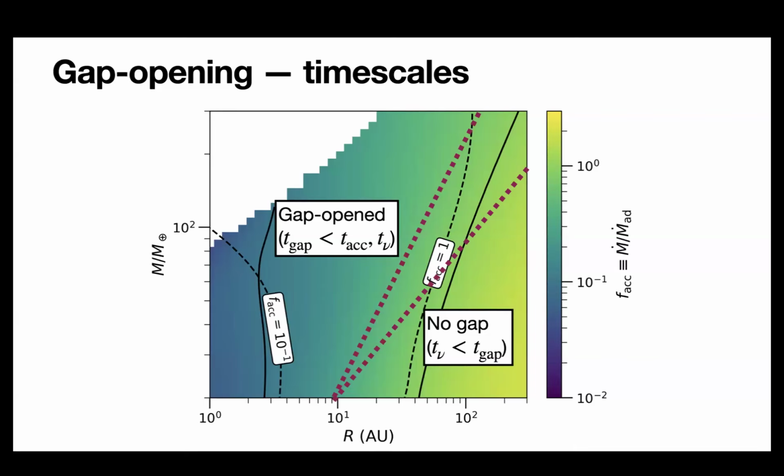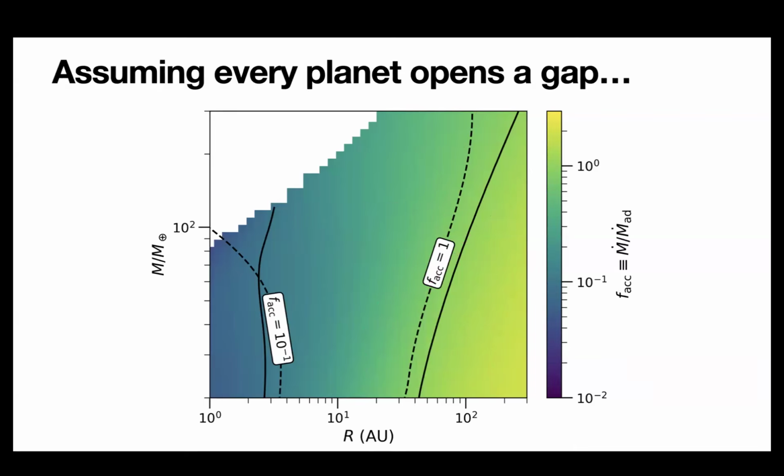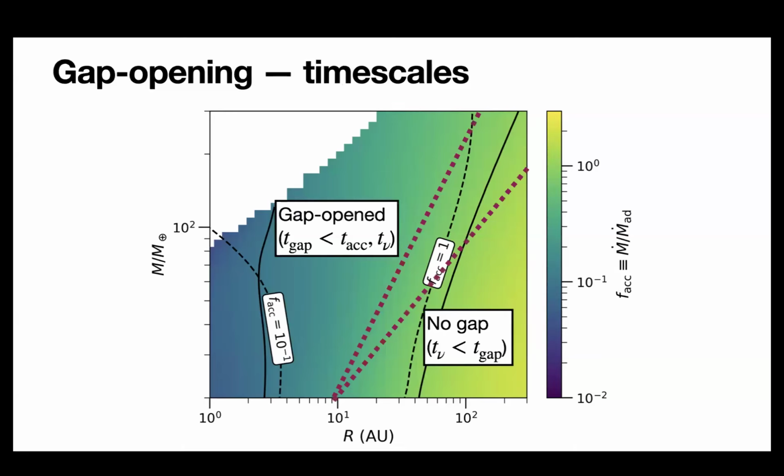One can also ask, okay, we have this scenario where every planet opens a gap, but under what conditions should various planets actually open gaps? If we consider gap opening timescales, we can estimate where we expect planets to open gaps, and we should use these rates I just showed versus the earlier very suppressed rates.